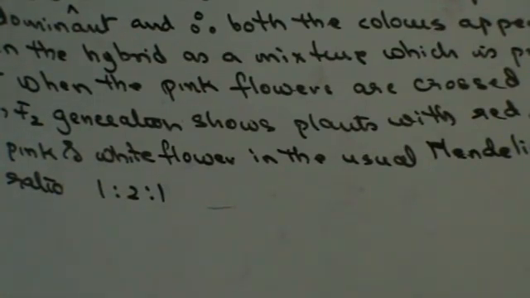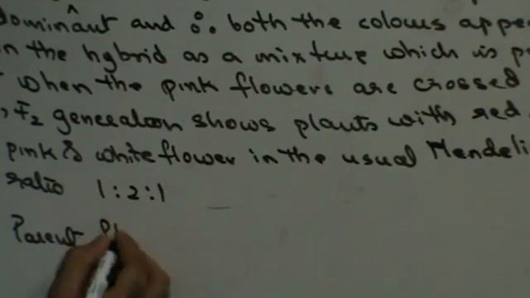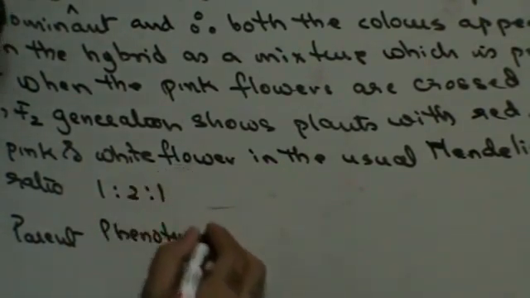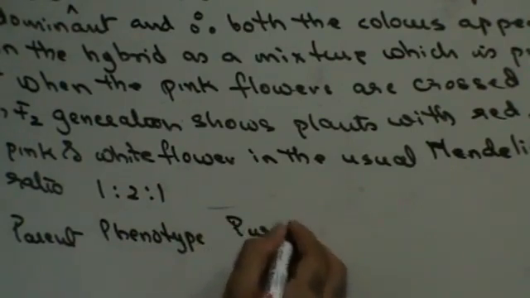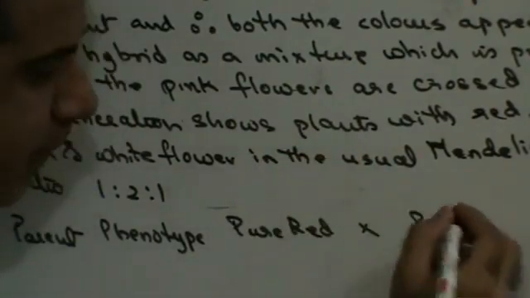If I were to show this to you with the help of a diagram, suppose I have parents in which the phenotype is pure red, and you cross it with pure white.